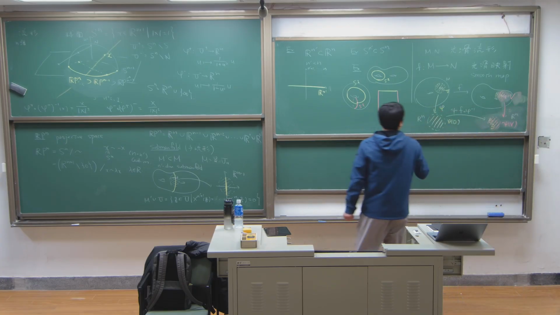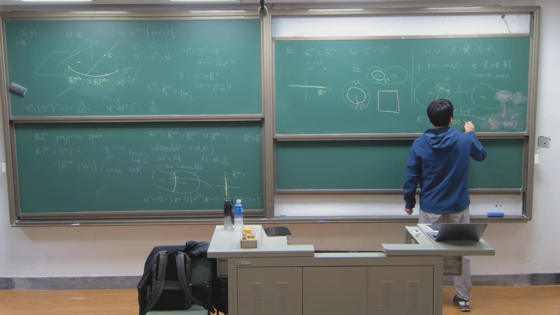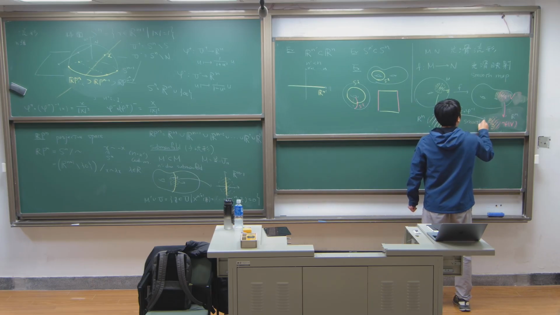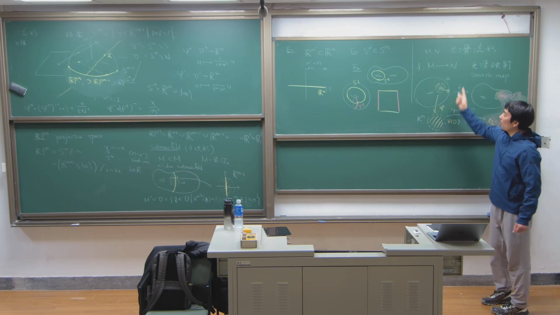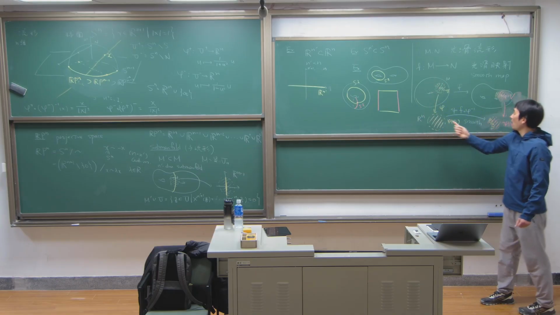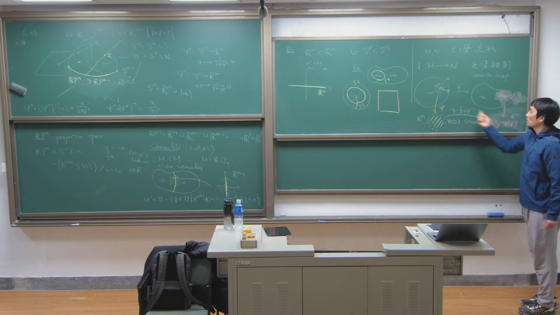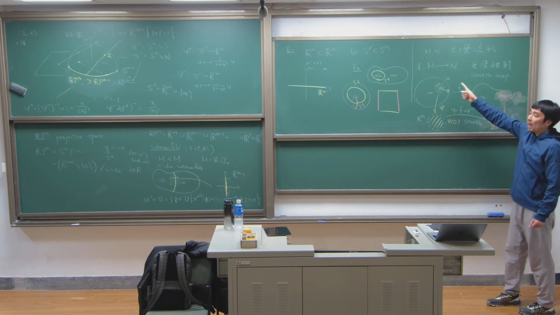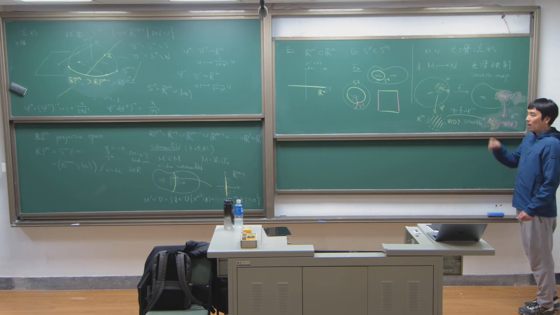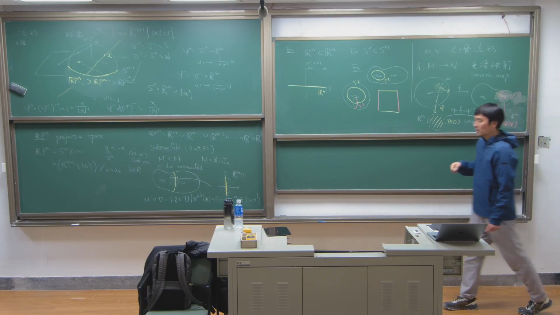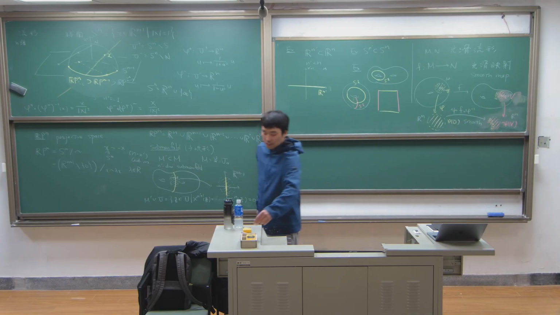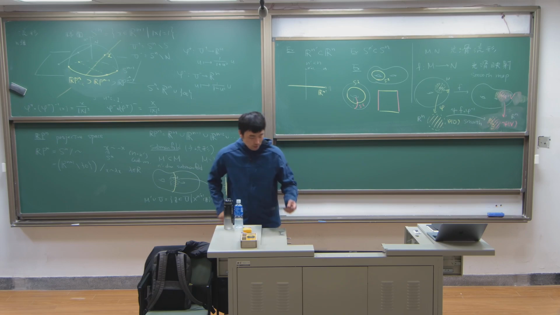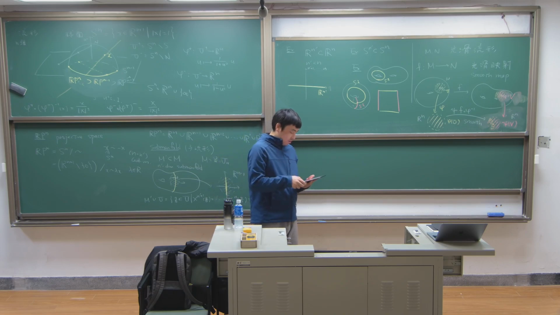If this is smooth everywhere, at all points you can construct this kind of map. If this is smooth, this map is called a smooth mapping.